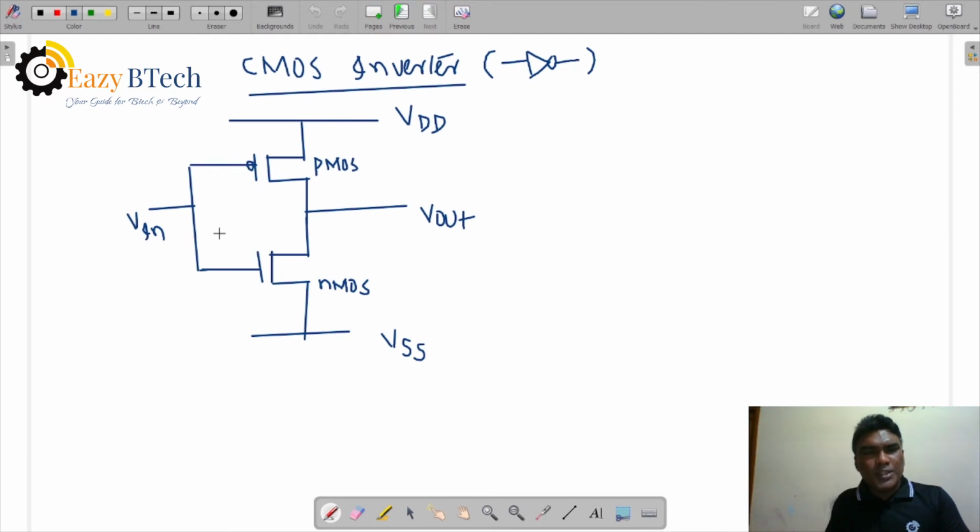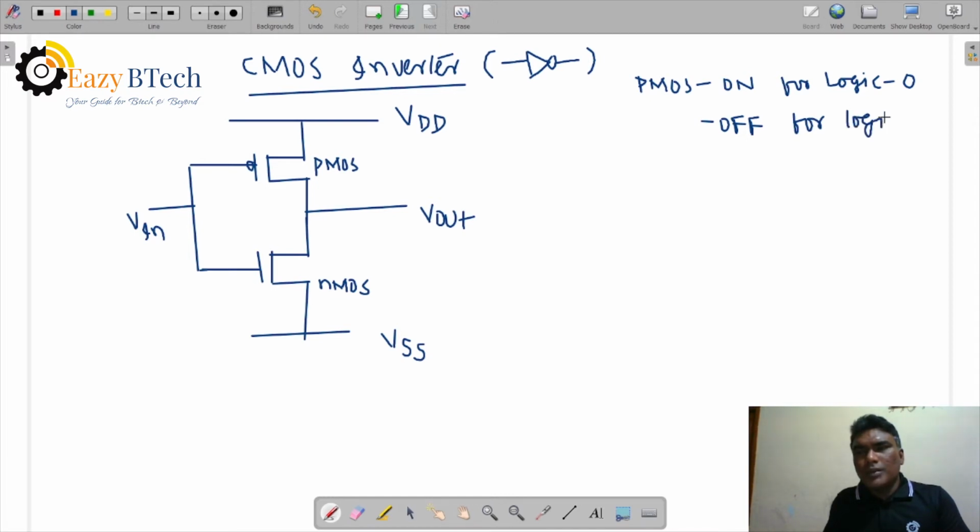Now the common input voltage is applied. The output is taken in between the source of PMOS and the drain of NMOS. Generally, when will the PMOS be on and when off? PMOS is on for logic 0 and off for logic 1.